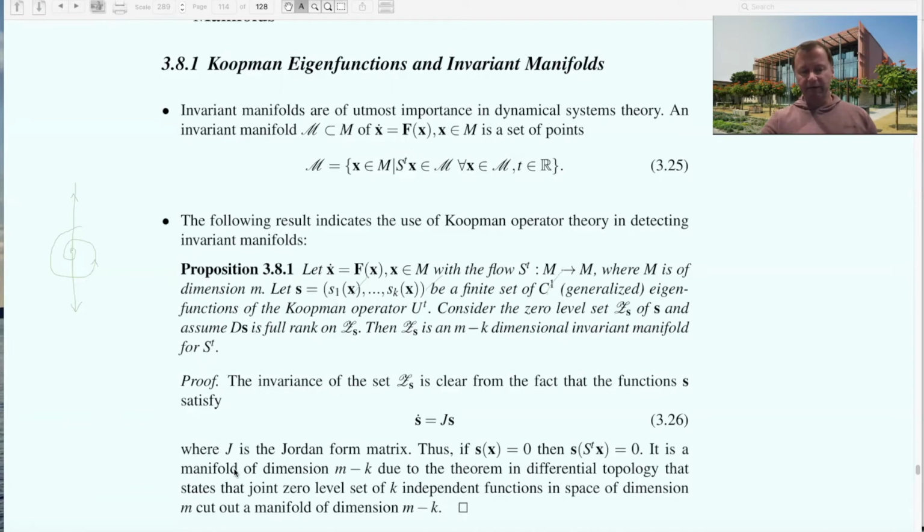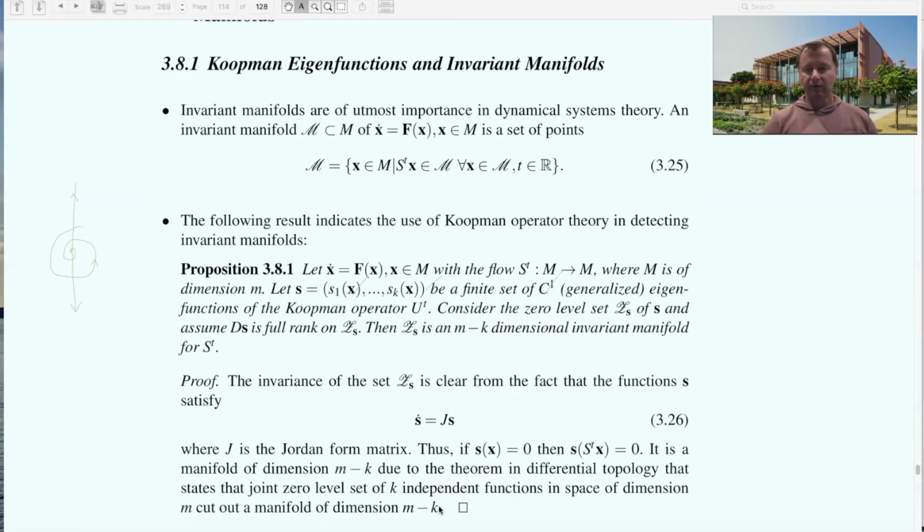Now, the fact that it's a manifold of dimension m minus k is a standard theorem in differential topology that says that if you have k of those functions, then their joint zero level sets are cut out by functions that are independent in the sense that dS is of full rank. A set of k such independent functions in an m-dimensional space cuts out a manifold of dimension m minus k.